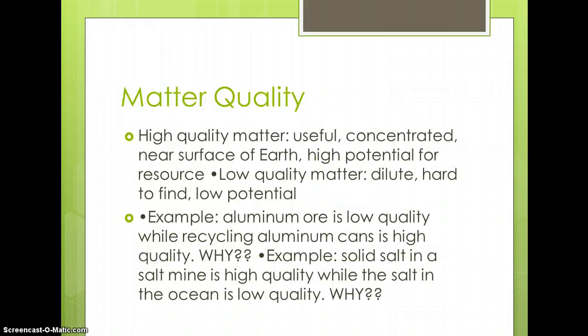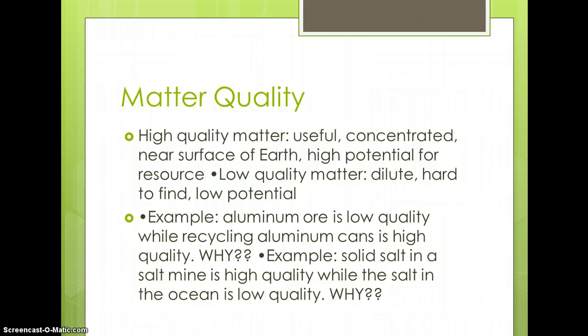Matter has quality. High quality matter is useful, concentrated near the surface of the earth, high potential for a natural resource. Low quality matter, on the other hand, is dilute, it's hard to find, and has very low potential. Examples: aluminum ore is low quality, while recycling aluminum cans is high quality.